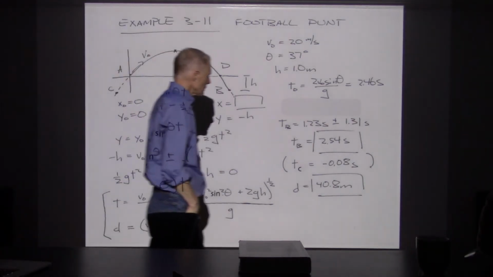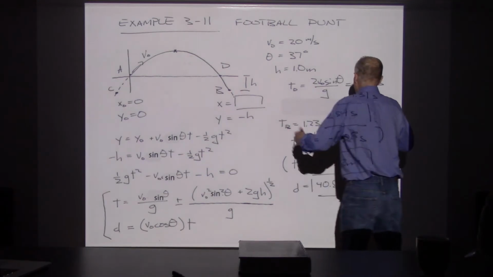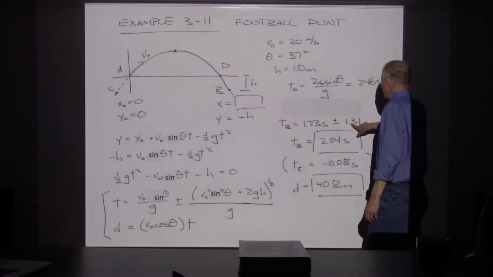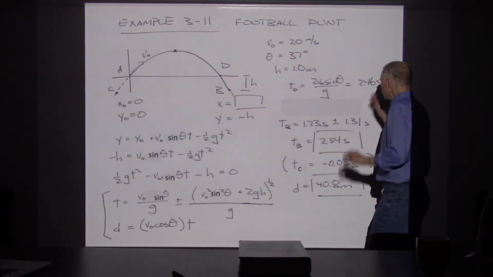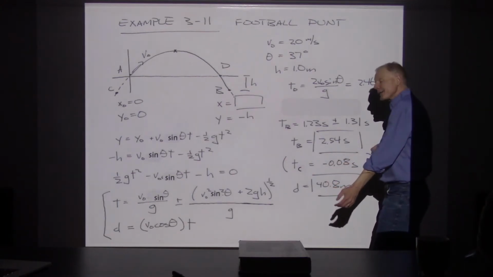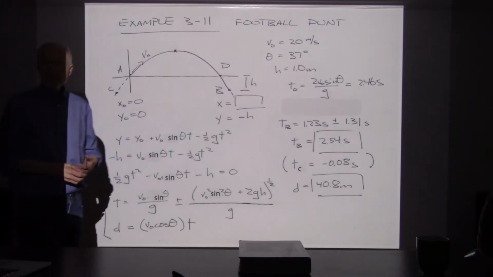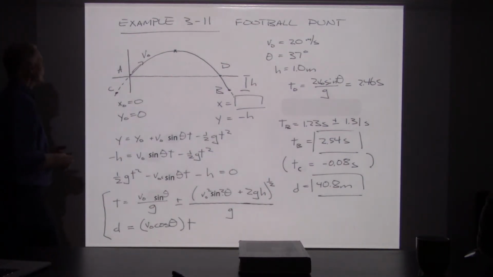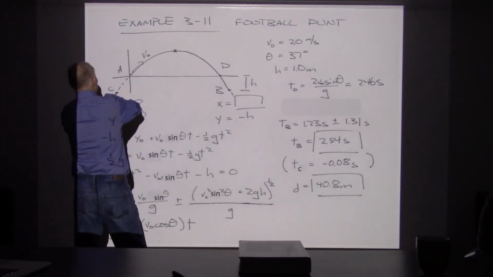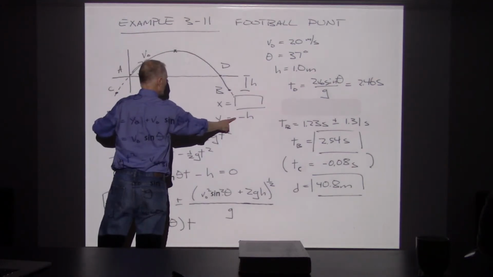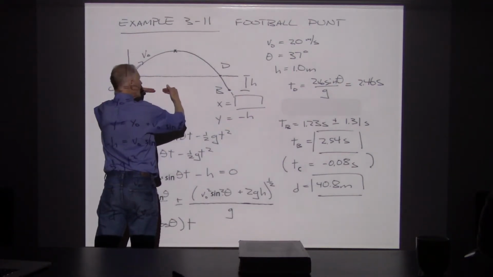So I know a lot of times in math classes, and in physics classes too, we try and just go, okay, one of these solutions is good, one of them doesn't mean anything. In a lot of cases, they both mean something. And in this case, all we've asked it to do is to find out when this parabola crosses this value of y. That's all we've asked it to do.